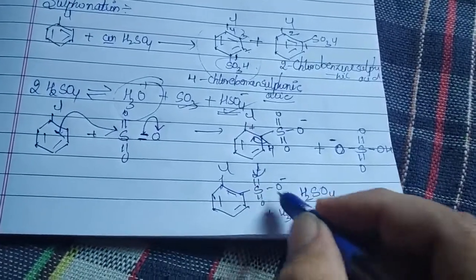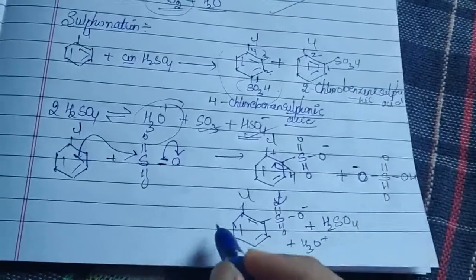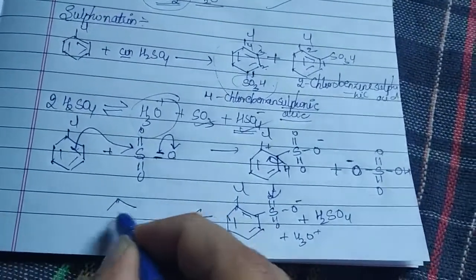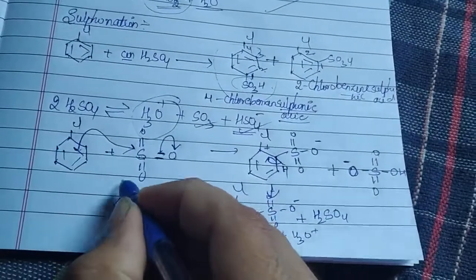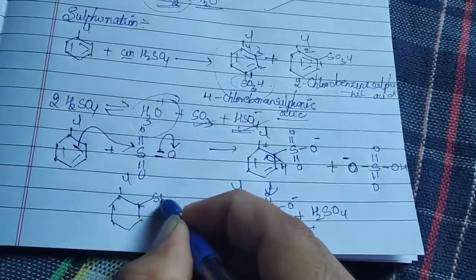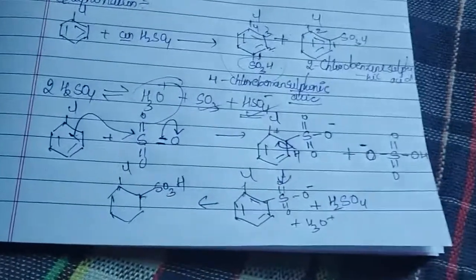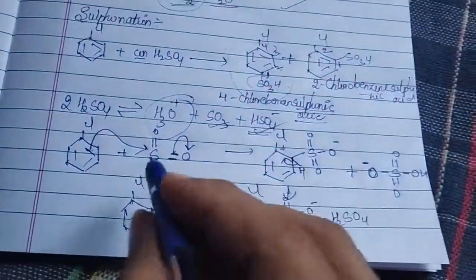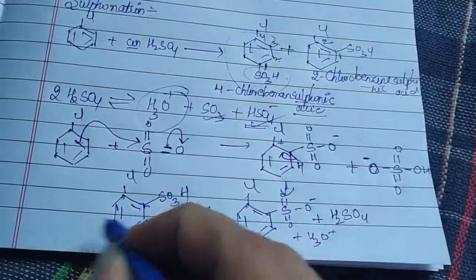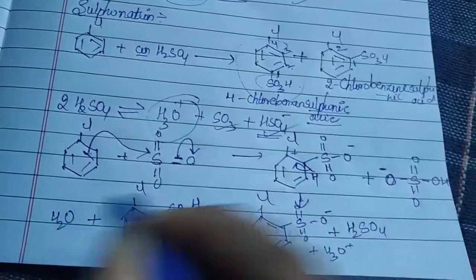H3O plus will be reacting, and again one H will be taken. So we'll be getting the final product: Cl and over here SO3H. Are you able to see? So this is the reaction which is taking place, plus water.